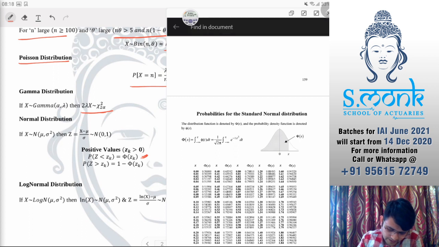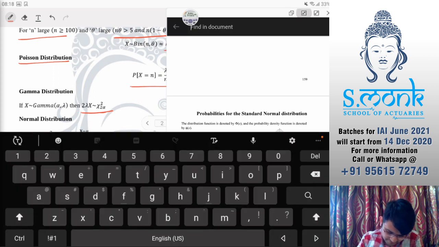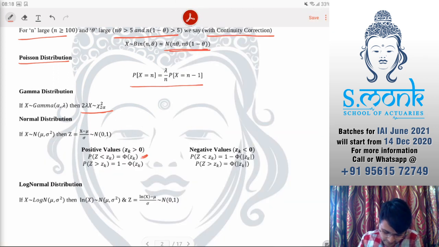Then if you want probability greater than, all you have to do is 1 minus. For negative values, we have 1 minus phi of the positive value as well as phi zk. This is something I am expecting you all are very good at, finding probability, especially for normal distribution.